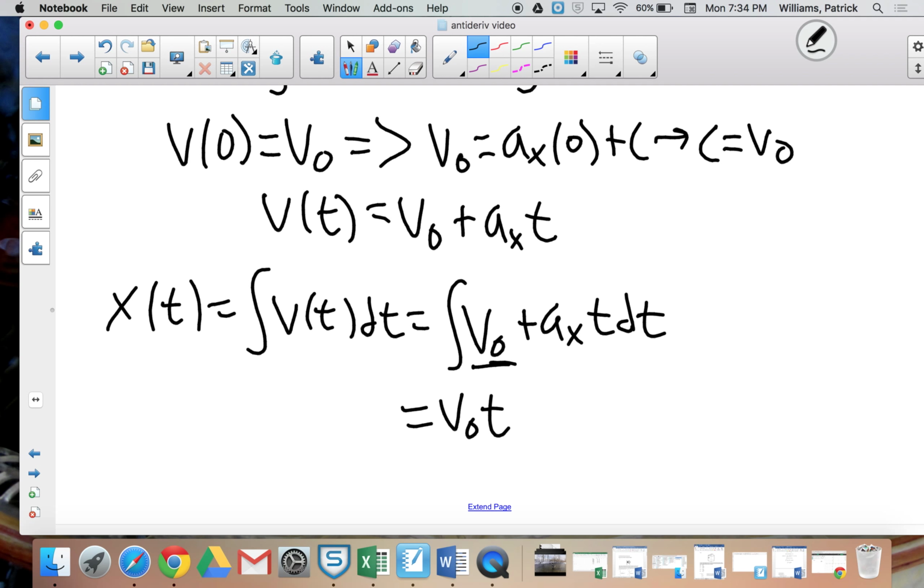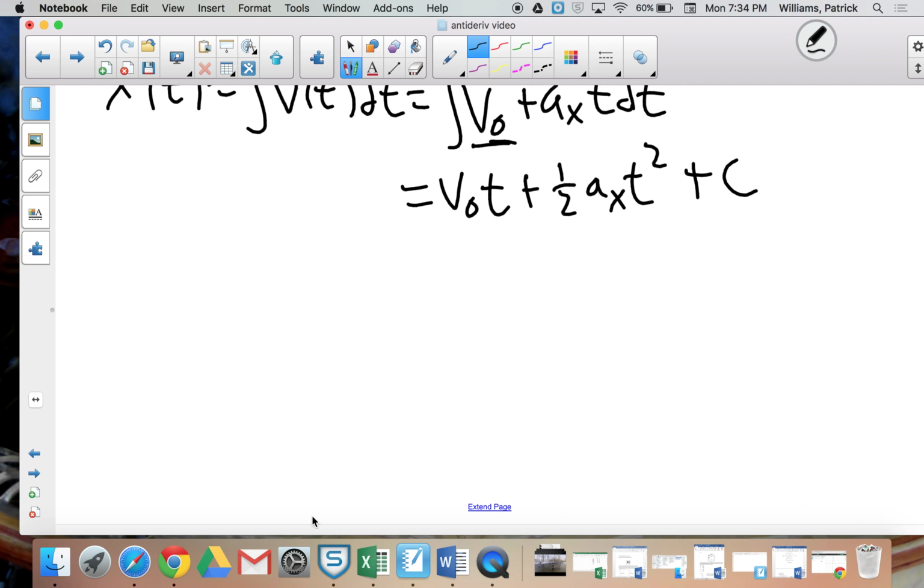For a_x t, again, we're going to use the power rule. This is like t to the first power. So when we take the antiderivative, we will get 1/2 that constant a_x times t to the second power. And now we have this plus constant. So we got to utilize another initial condition. And in this case, we have the given initial condition that x of 0 is x naught.